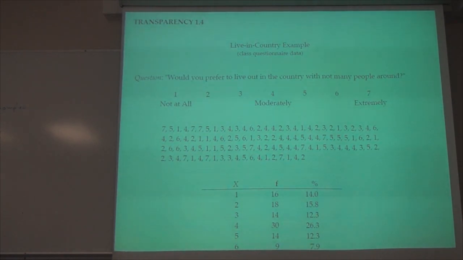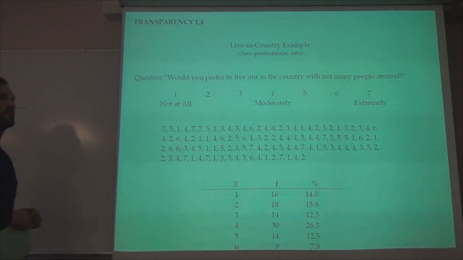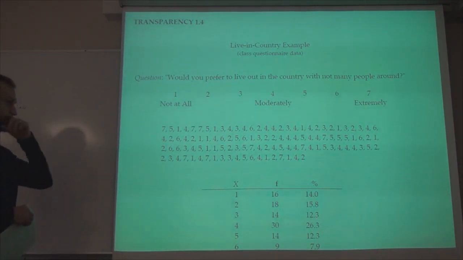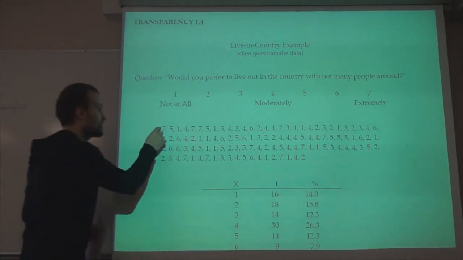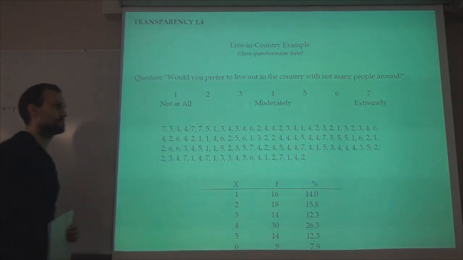This one was a survey where the question was asked, would you prefer to live out in the country with not many people around? You can ask yourself, well, what did you answer? This was an example survey of 110 people. It's a little tedious to go and count them. 110.